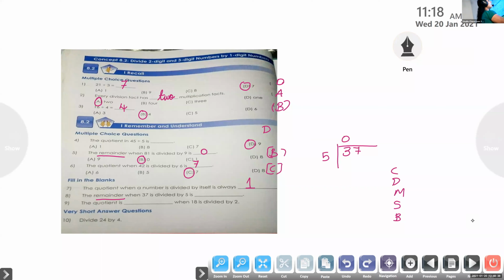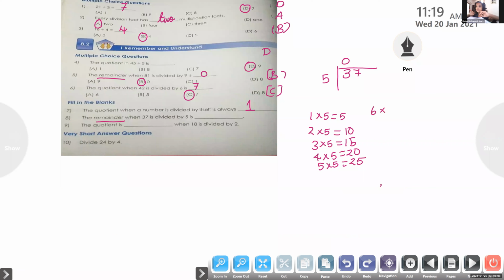Table of the divisor, that means table of 5. 1 5 is 5. 2 5s are 10. 3 5s are 15. 4 5s are 20. 5 5s are 25. 6 5s are 30. 7 5s are 35. 8 5s are 40.